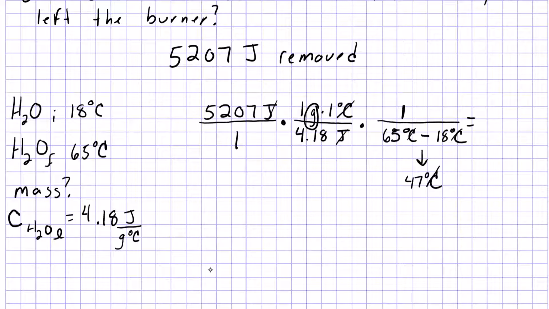So all we have to do is type it into our calculator. Let me go ahead and type it in. 5207. You guys should be doing this while I'm talking about it. Divided by 4.18. Divided by 47.